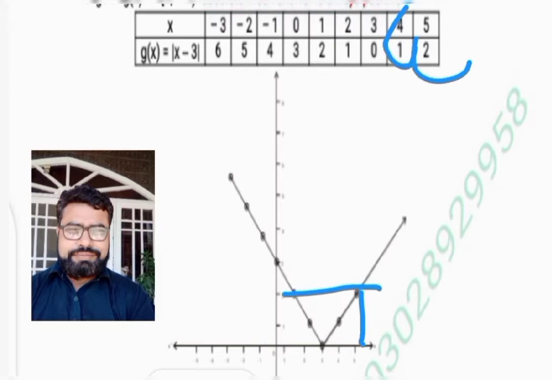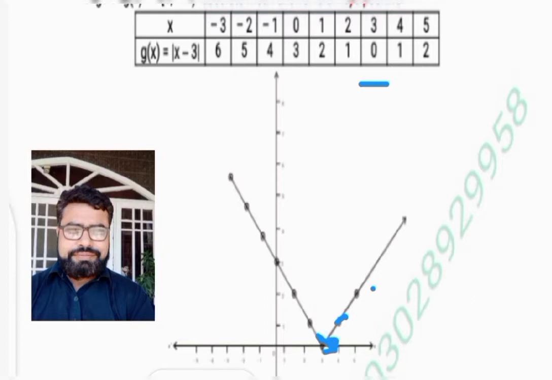At 4 there is 1, here the value of x is 4, and here is 1. So we have plotted a point here, and at 2 it's 0, here is 3. At 3 it's 0, here is 3, and on any axis the value will be 0.